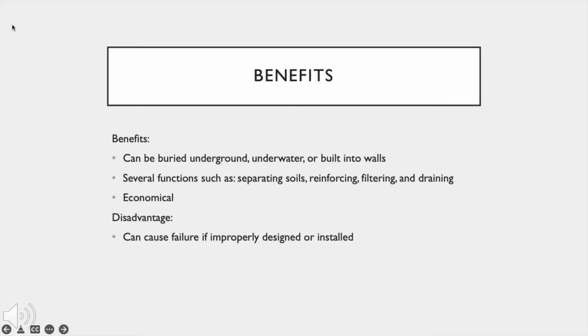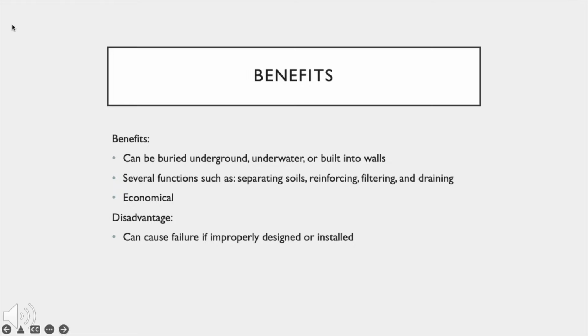Some benefits of geosynthetics are that they can be buried underground, underwater, or built into walls. They can literally be installed anywhere. They have several functions. They separate soil, some reinforce, some filter, and some drain. They are also very economical.